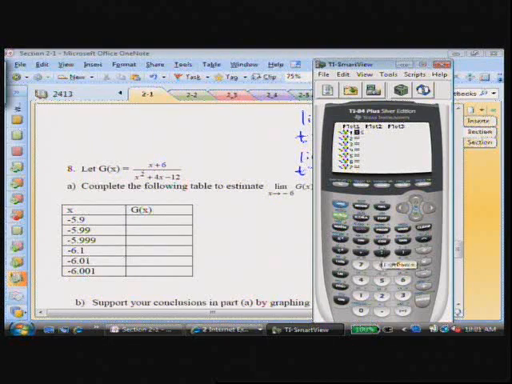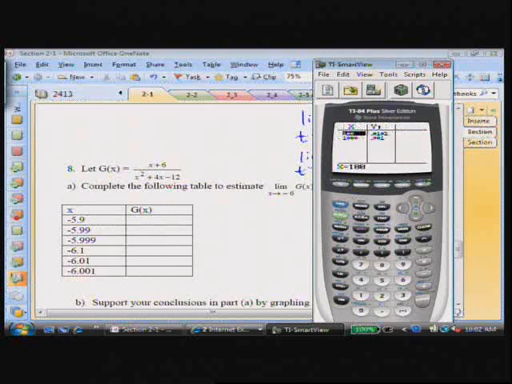So I'll put a parenthesis here, and I'll have x plus 6, and then divided by, and then another parenthesis, x squared plus 4x minus 12, and close that parenthesis. Are you with me? All right, and then I can go to the table on my calculator, which is the second function for the graph button. It says table, so I'll do second table.